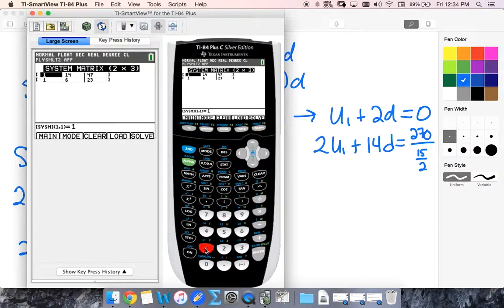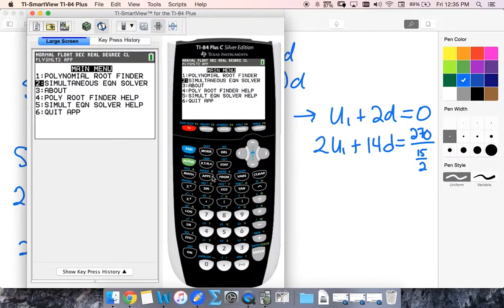So I see 1, 2, 0. I see 2, 14, and now I don't know if I can put a fraction in here. Let me try. I cannot put a fraction in there.